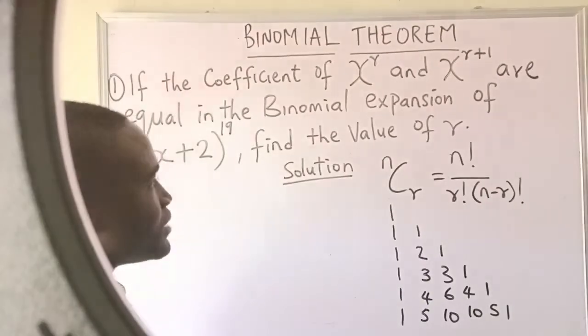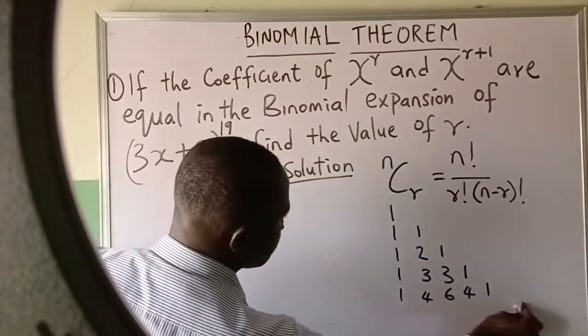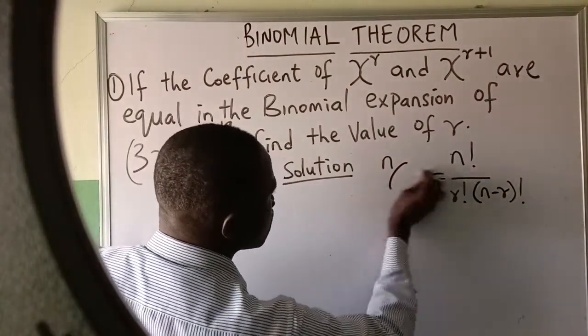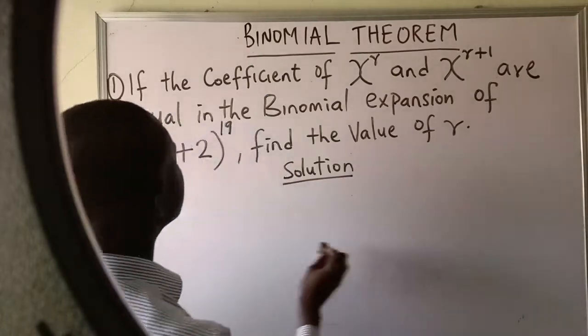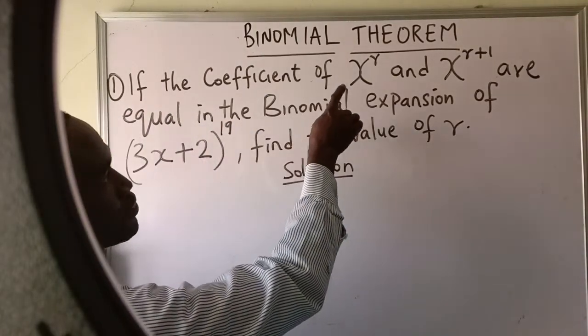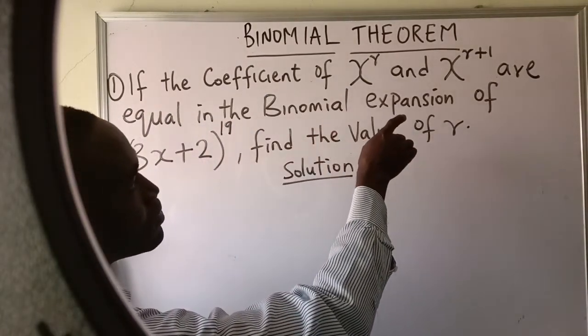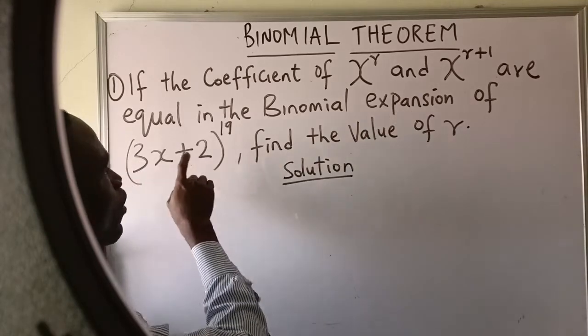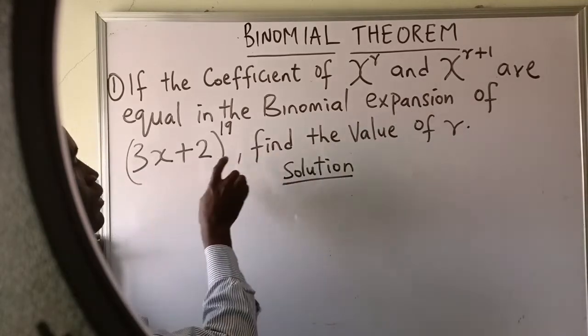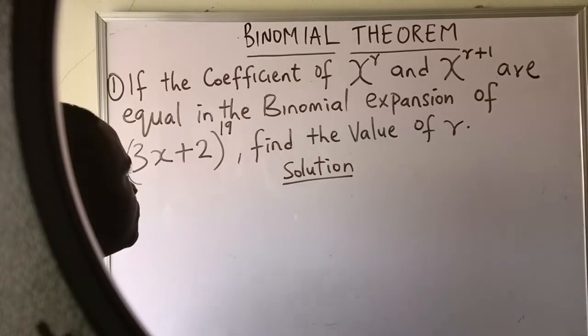So, let's see the question in full. The question says if the coefficients of x raised to power r and x raised to power r plus 1 are equal in the binomial expansion of this, find the value of r.